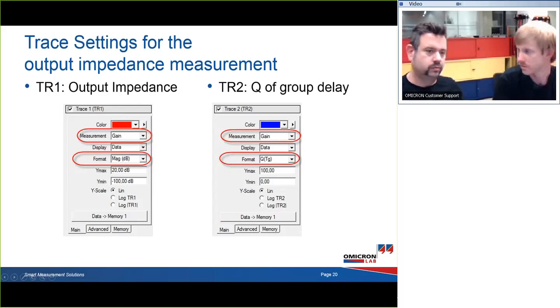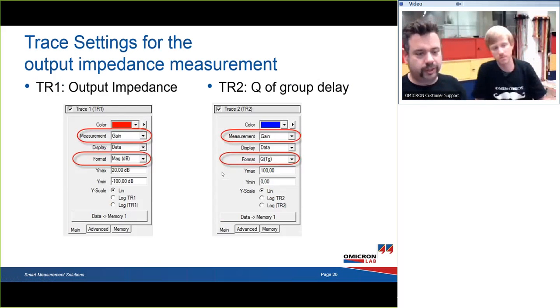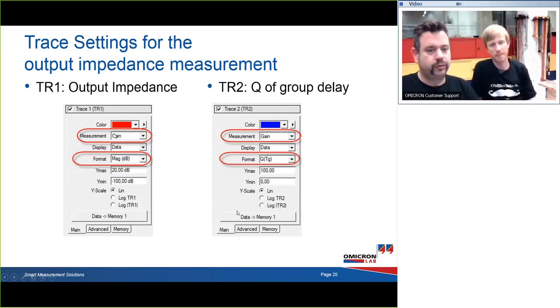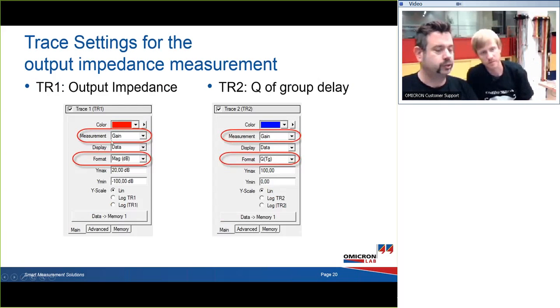And so how to set up the traces for this measurement? As Florian has indicated, we are measuring gain, so we're measuring a transfer function. Therefore, the measurement for both traces needs to be set to gain. And the next thing is, if you want to see the output impedance in dB ohms, then you choose magnitude dB.